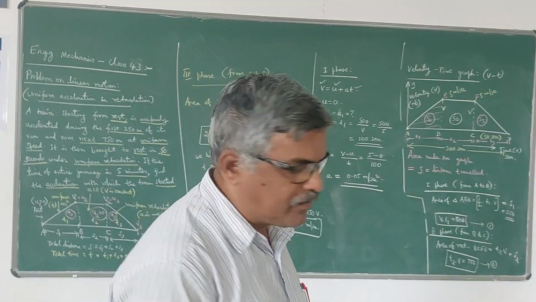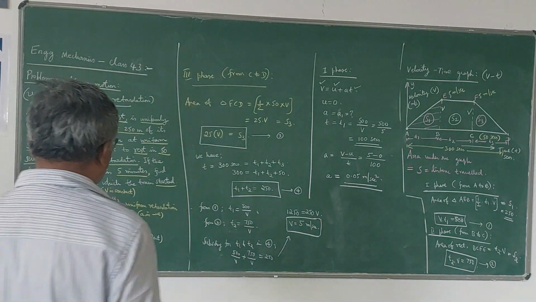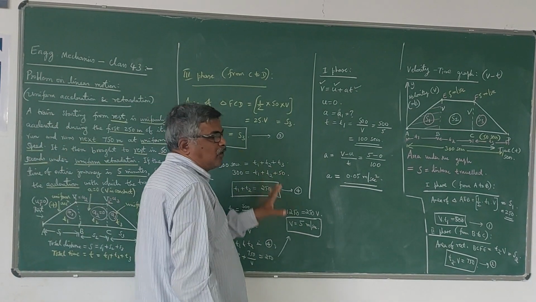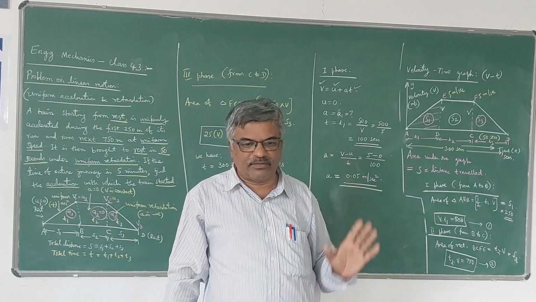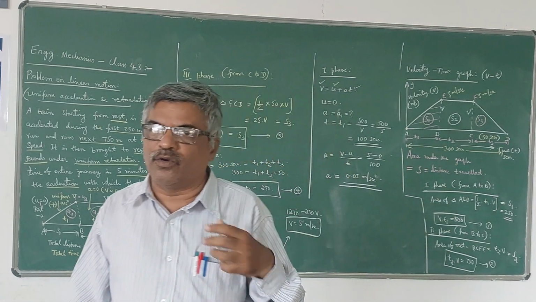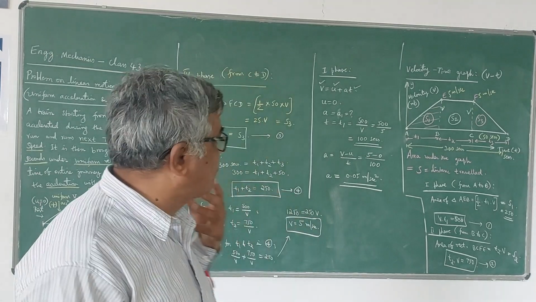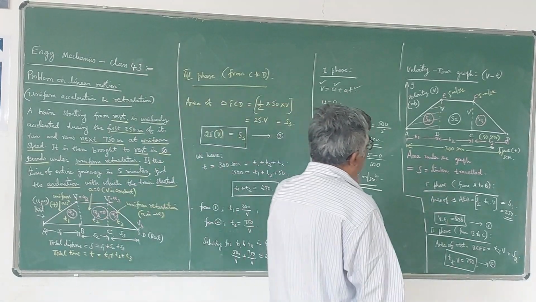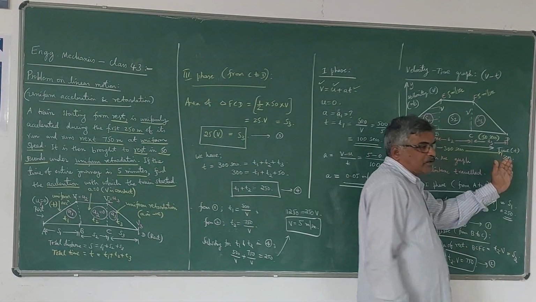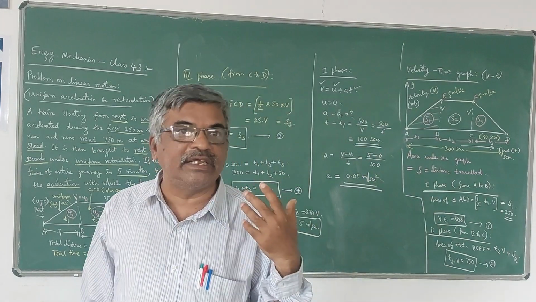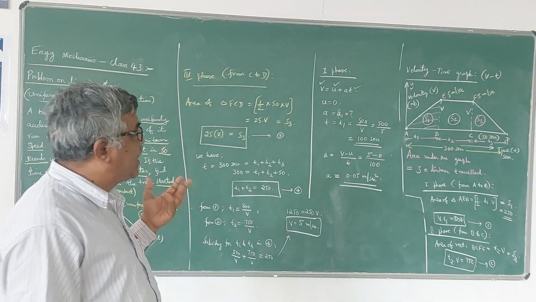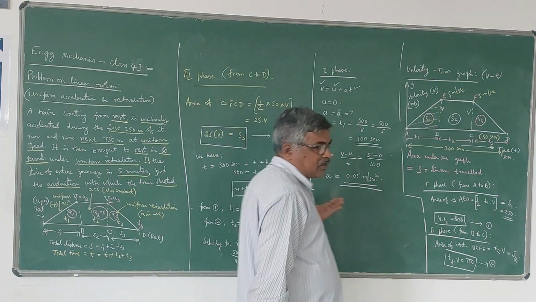So like this, you can find out any other unknown thing also by writing down the velocity time graph. So this is very important. So once you know how to write the velocity time graph, and what are all the data given, you can just have those data and find out the area of velocity time graph. Area gives the displacement or the distance traveled.